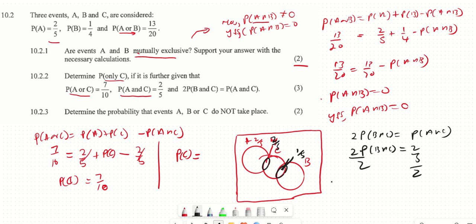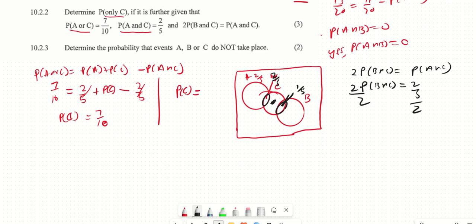So now we can see that C has 3 sections. We're looking for C only, which is this part. So for C only, the probability of C, which in this case is 7 over 10, is equal to 2 over 5 plus 1 over 5 plus C only. That's what you should know. So 7 over 10 is equal to 3 over 5 plus C only.